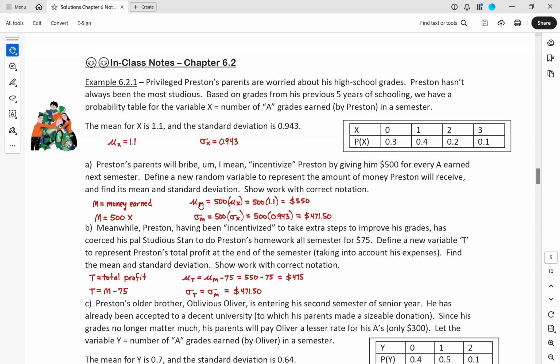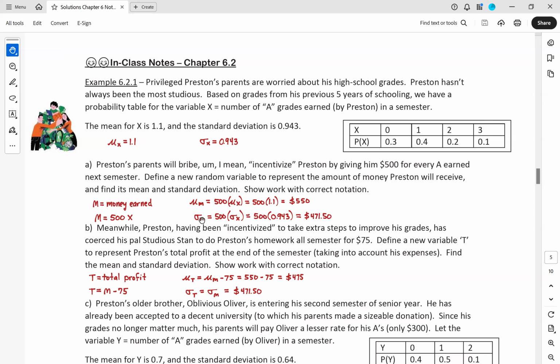The mean is quite intuitive. If I'm multiplying every value of a variable by a constant, measures of center and location also get multiplied by that constant. In other words, I can take the original mean of x, which was 1.1, and simply multiply that by 500, and I get 550. This is the mean amount of money that Preston's going to earn in a randomly chosen semester.